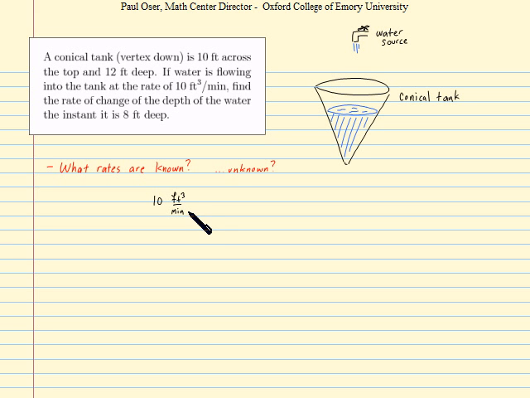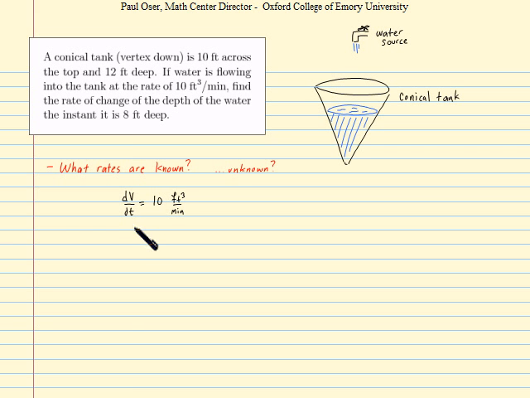So this is a rate of change in feet cubed, which measures volume, per unit time. As such, this is the value of a derivative, namely the derivative of volume with respect to time. You can always look to the units here to figure out what derivative you have for a given rate. So let's call this dV/dt.